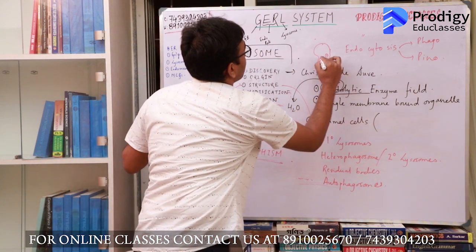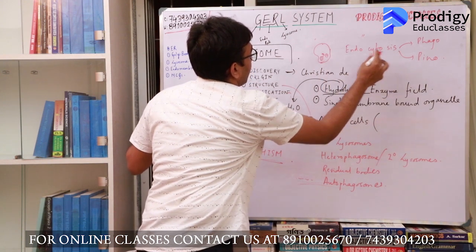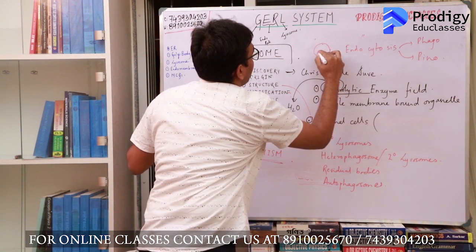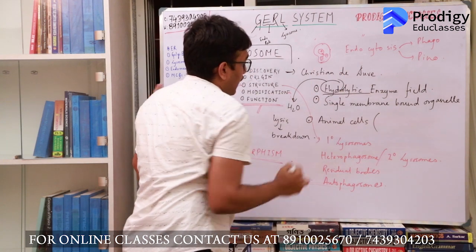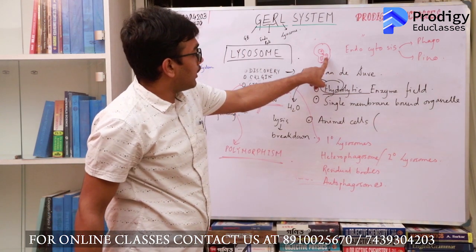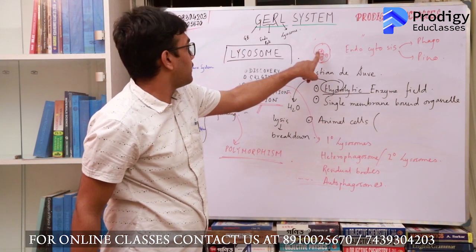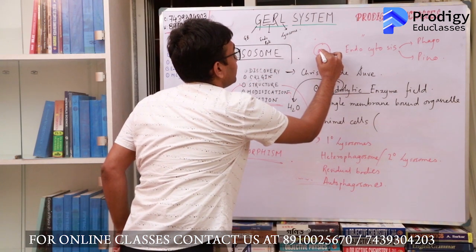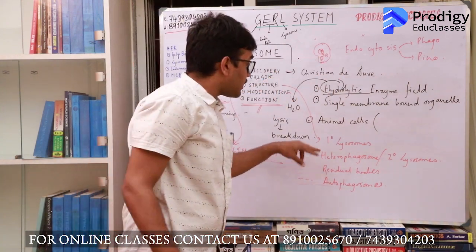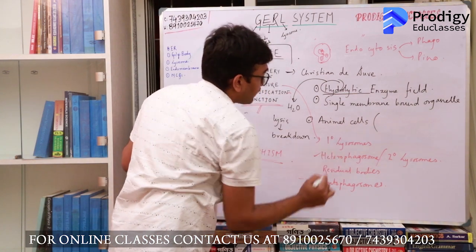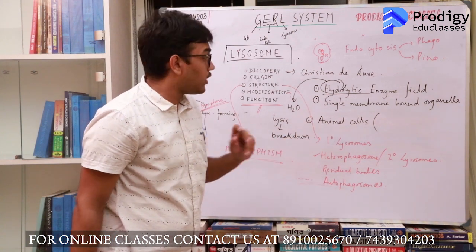The lysosome with its enzymes will fuse with the endocytosed phagosome, and it will form a heterophagosome where the ingested foreign material along with the lysosomal enzymes will be present. These enzymes will then break this down and yield energy. So such a lysosome which has fused with a phagosome is known as a heterophagosome or a secondary lysosome.